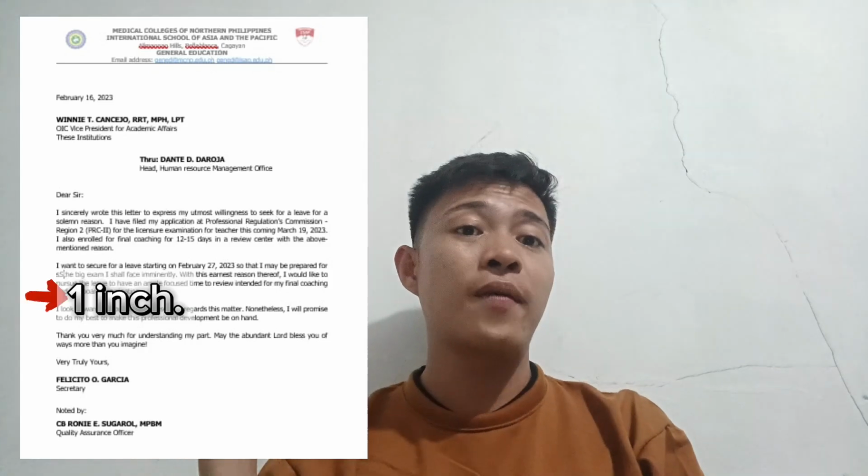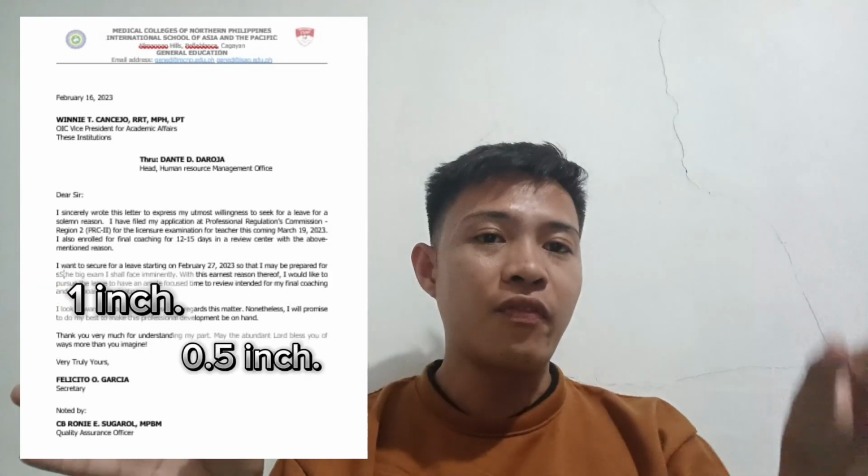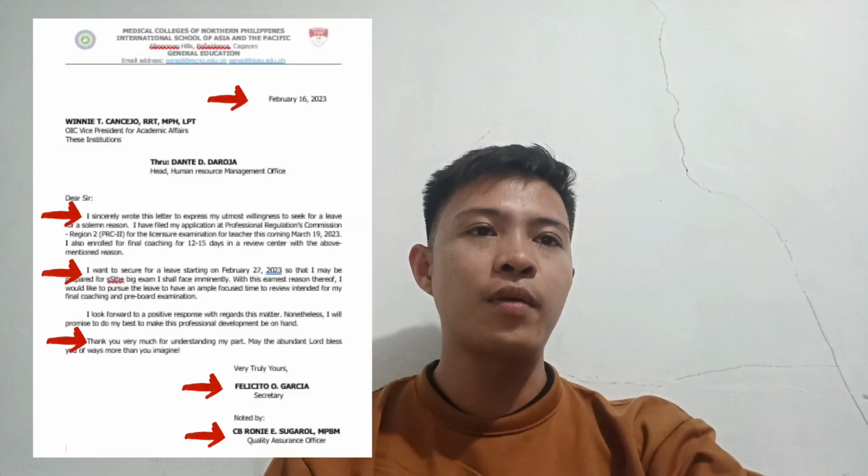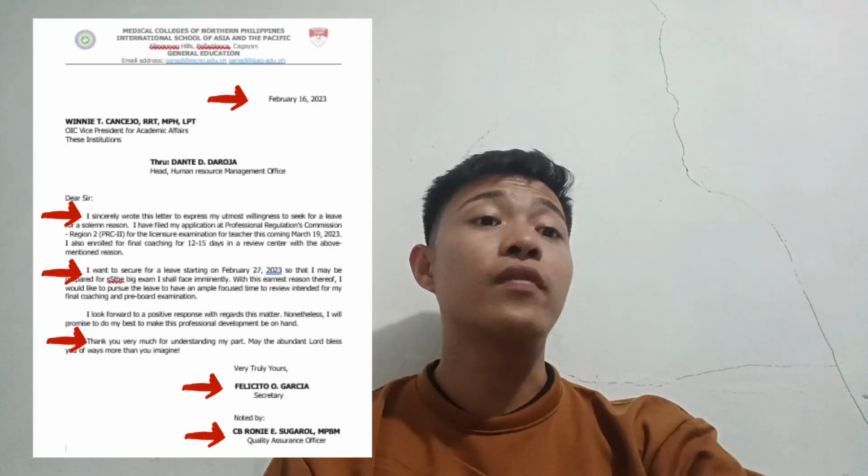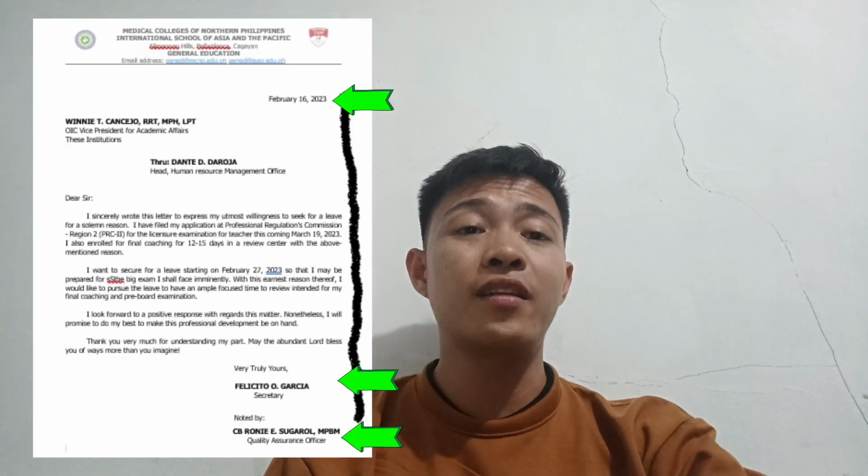That should be 1 inch on the left, then half an inch on the right for our margin. We don't have indentation since this is full block. If it's semi-block, okay, we have indentions. And we should align the date with our complementary clause and the name and the surname.